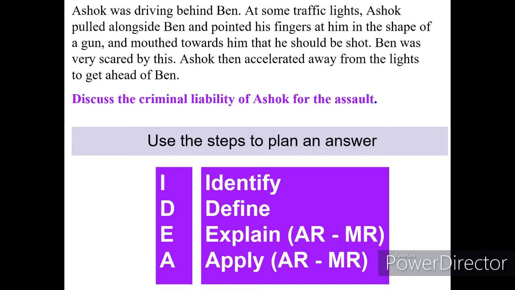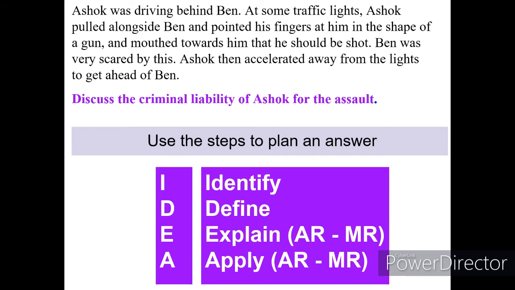For all your criminal offences scenarios, you do the IDEA formula. So you identify the offence or the defence, you define it, then you go through the actus reus, explaining and applying it, and then you go through the mens rea, explaining and applying it. Now, in your OCR A-level course, you won't have, unfortunately, a scenario as simple as this.